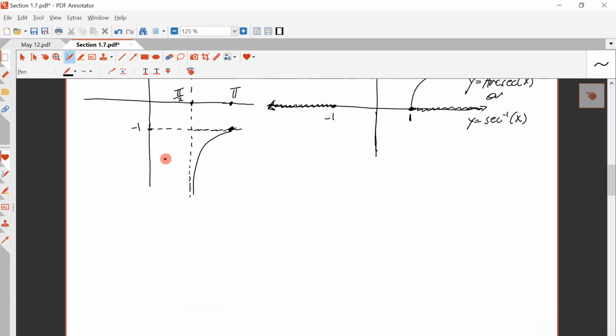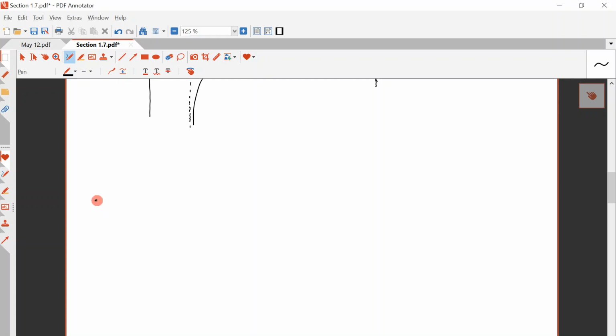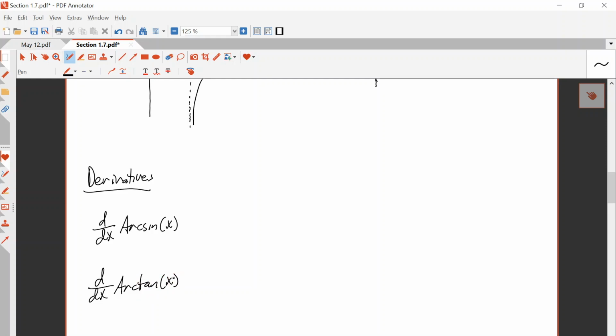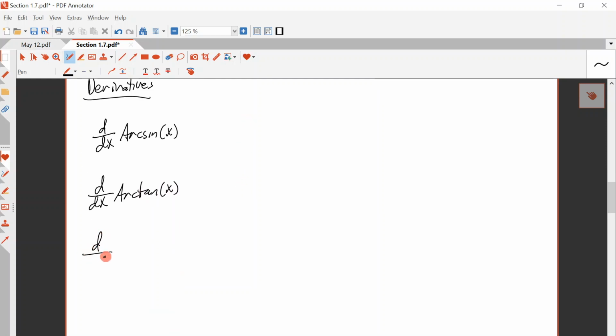All right, let's remember the derivatives of these functions. And when you're looking at the derivatives, you only need to look at arcsine, arctangent, and arcsecant. You don't need to look at the cofunctions because they're very similar in terms of what the derivative is.